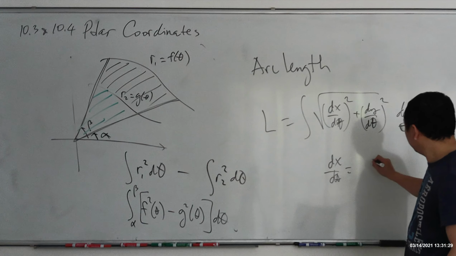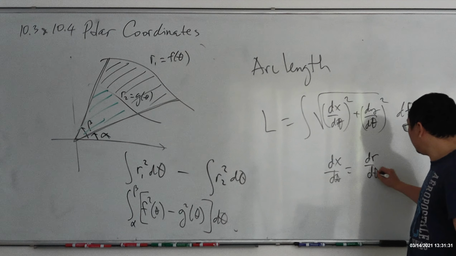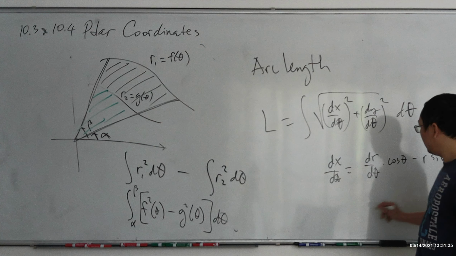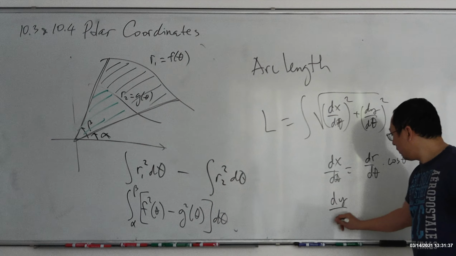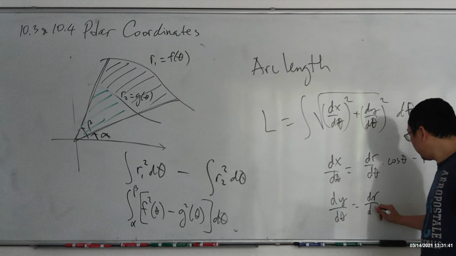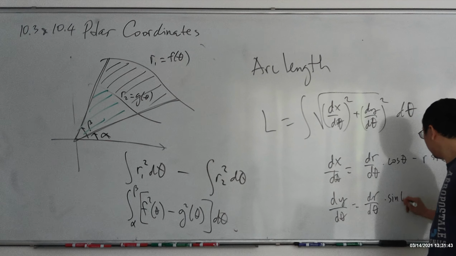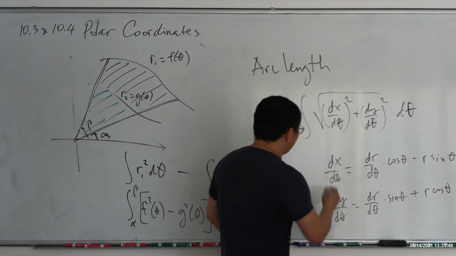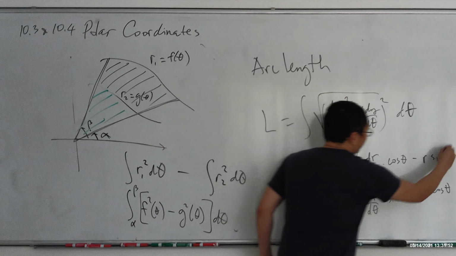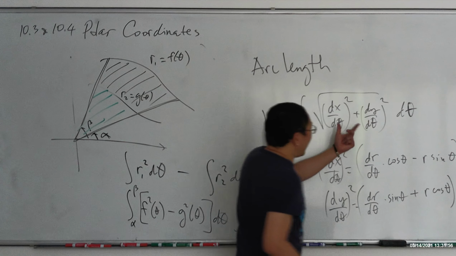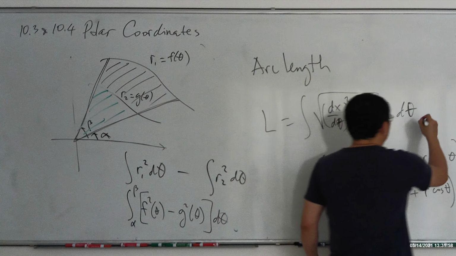Dx over d theta was, let me look it up, I just wrote it. It's dr over d theta times cosine theta minus r sine theta. Okay? And then dy over d theta is equal to dr over d theta times sine theta plus r cosine theta. And it looks ugly, but actually when you square this one up, and square this one up right here, add them up, and simplify, it looks very simple.